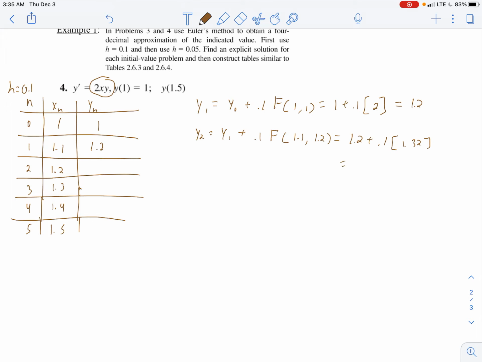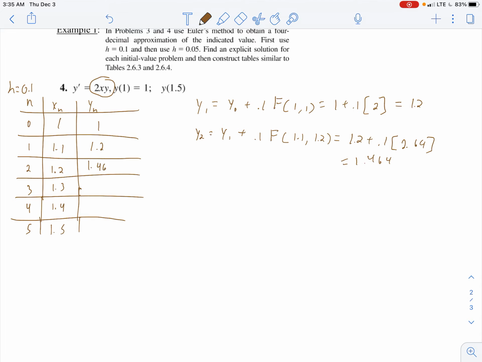I forgot to multiply the 2, so it's actually 2.64. That's what you get when you do mental math. And so when you multiply, it's going to be 0.264, and 0.264 plus 2 is going to be 1.464.